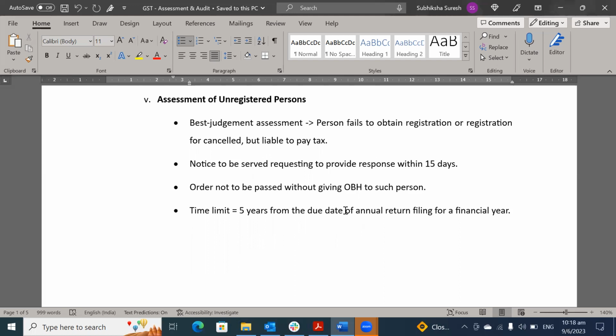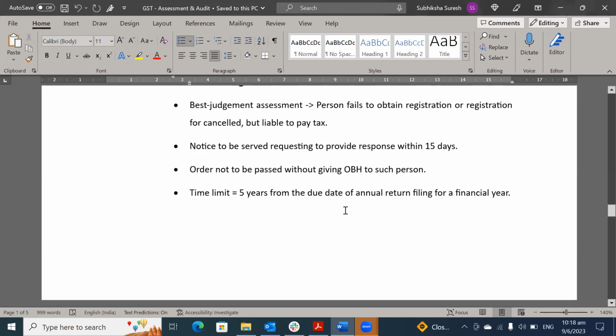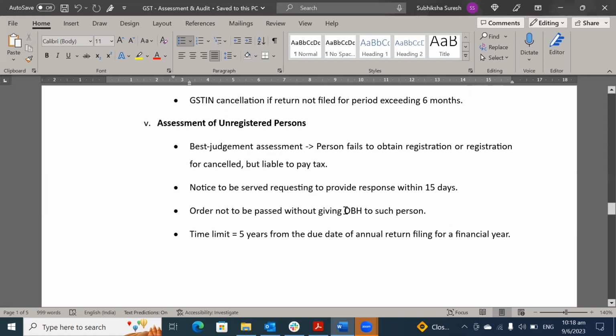Notice is to be served to provide a response within 15 days. Opportunity of being heard will be given to the taxpayer for the order. If the taxpayer files the return, or submits a reply to the proper officer within the 15 days time limit, the order shall be deemed to be withdrawn.